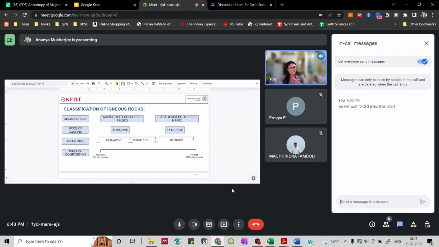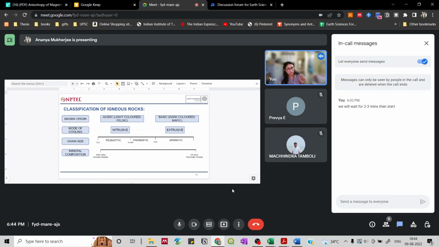Now the grain size can differ with respect to two things: the mode of cooling and the rate of cooling. You can have an intrusive rock that cools quickly and forms finer grains. You can also have an extrusive rock that has cooled over a longer period of time, and that is why the crystals are formed better.